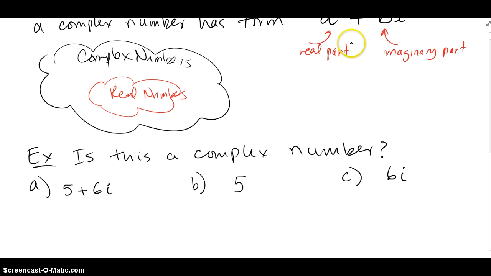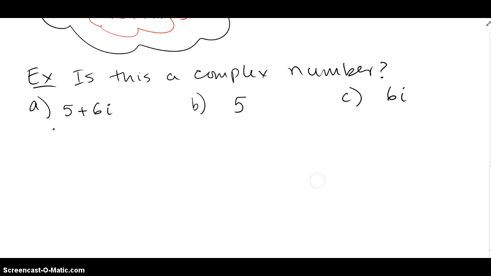Well, this clearly fits this form, so this would be a yes, with real part 5 and imaginary part 6. Is this a complex number?